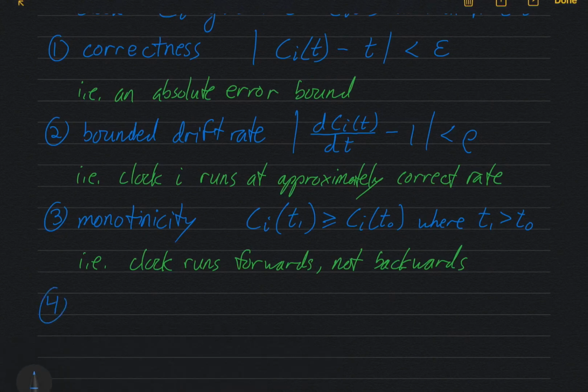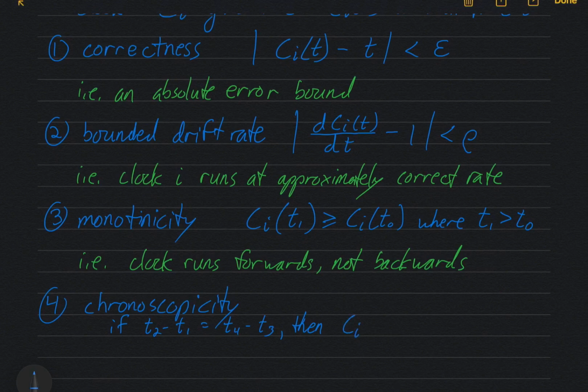And lastly, something called chronoscopicity. I'm going to put this on the next line. So if t2 minus t1 equals t4 minus t3, so basically we're measuring two different real intervals, then what we should get is that the read time should be approximately equal.